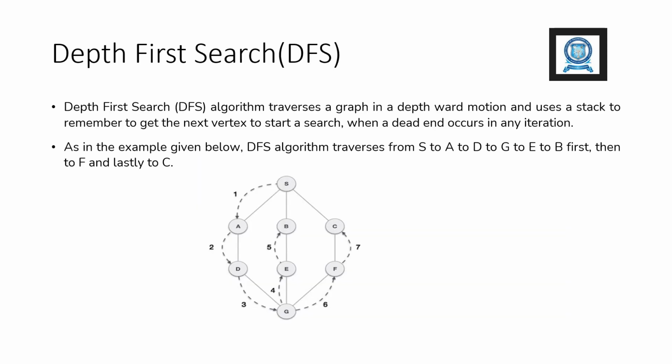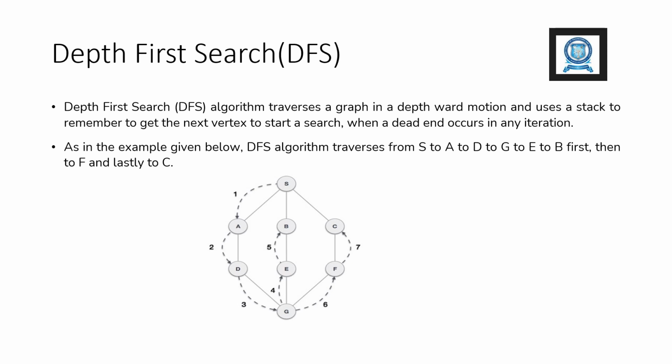Next is depth first search. The depth first search algorithm traverses a graph in a depthward motion and uses a stack to remember to get the next vertex to start a search when a dead end occurs in any iteration.